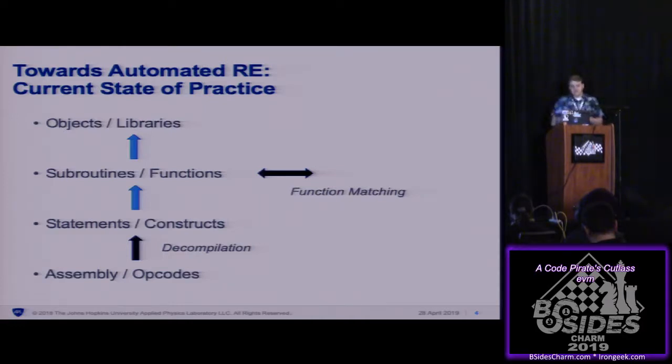So in general, the summary of what we want to work on at APL is techniques to build on decompilation and function matching, but to treat this as a problem where we're translating code back to natural language. For most of us, that's English, right?